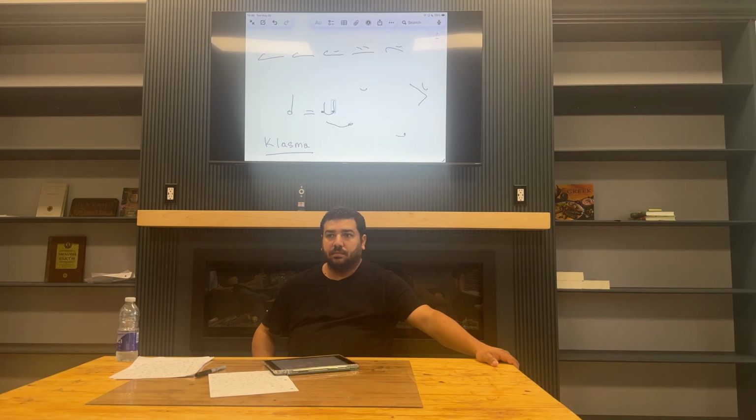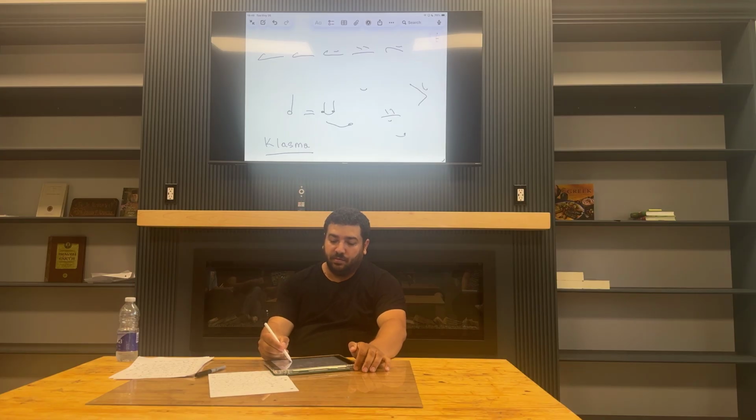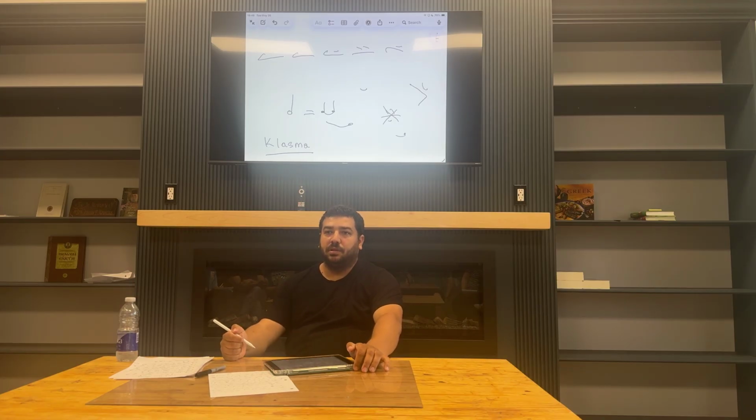So what if you put it on a combined ascending, like consecutive ascending? Does it only affect the one on top? If you combine it with what? Like the Oligon with the Pentamata, if you put it on a consecutive one, does it only affect the note up top? I'll get to that. You'll never have this combination. The Klasma sits on one note. It only goes on one note. So it can't be put on combined?